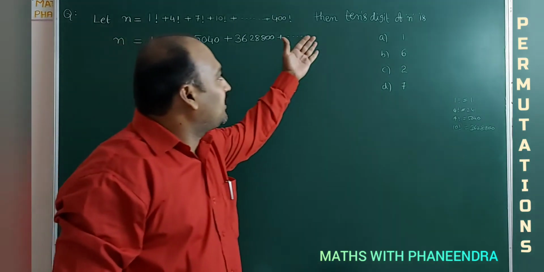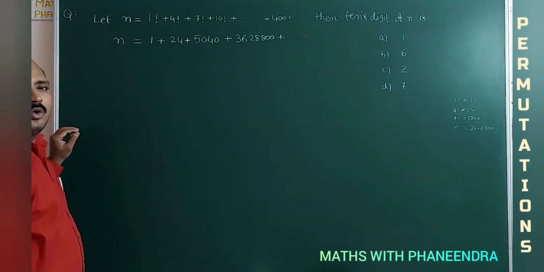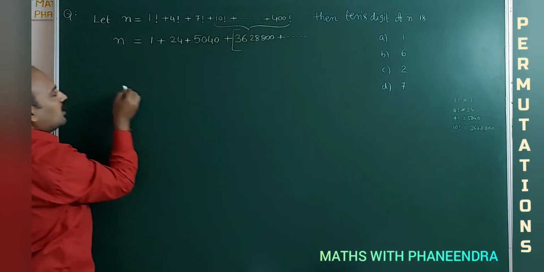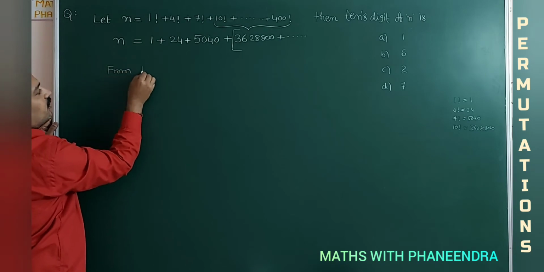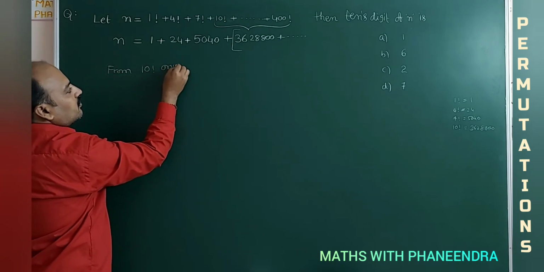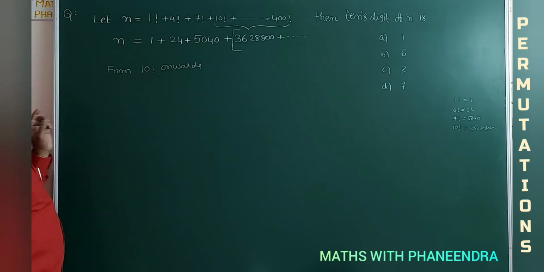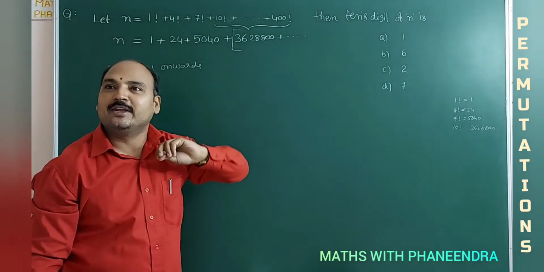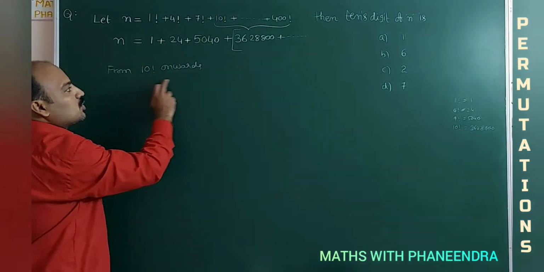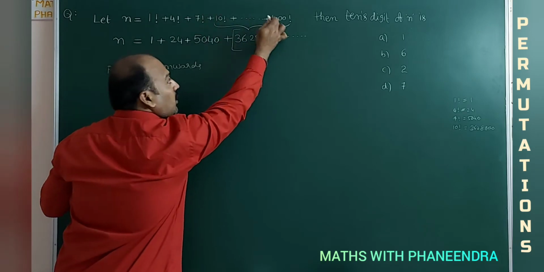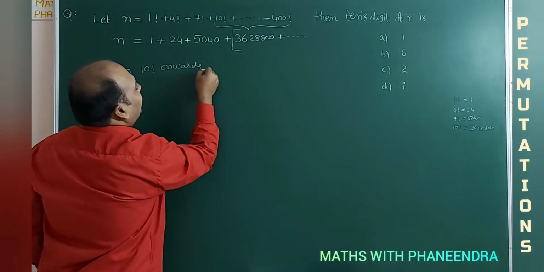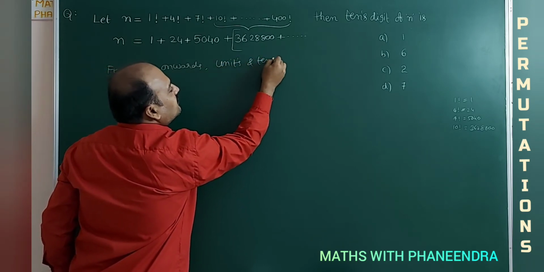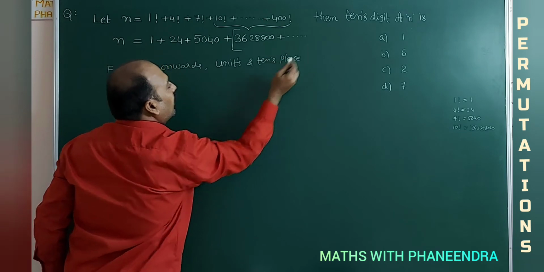Here the question is the tens digit of n. From 10 factorial onwards, we observe that the last 2 digits are already 0 0. So from 10 factorial onwards, the terms till 400 factorial have zeros in the units place and tens place.